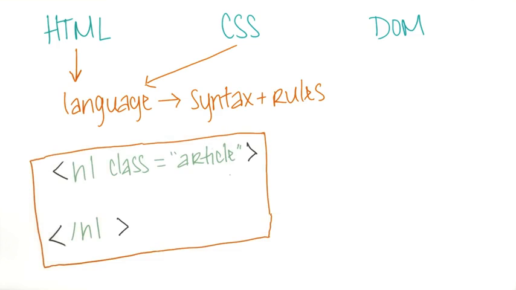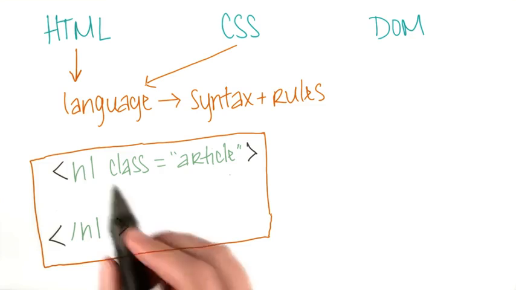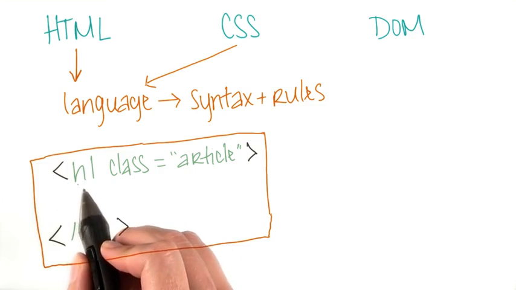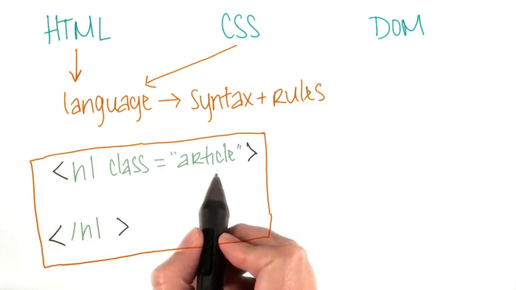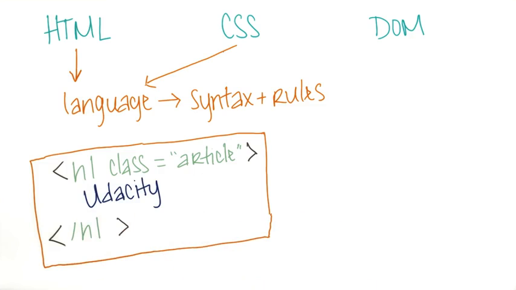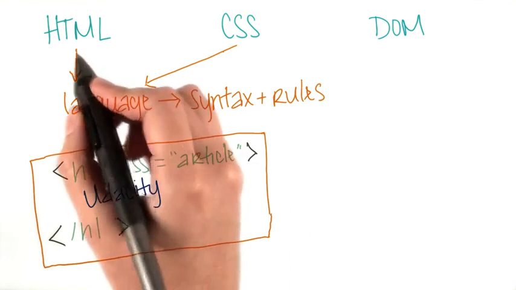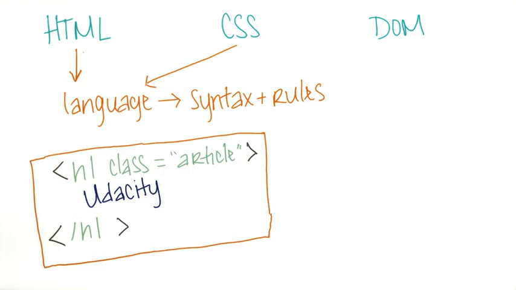For example, you can use CSS to say all h1 elements that belong to the class article should have the text color dark blue.